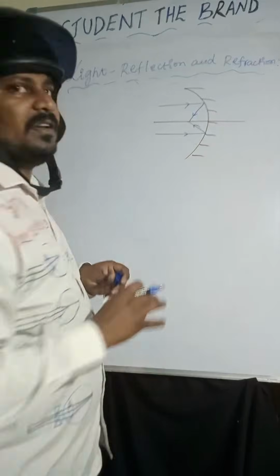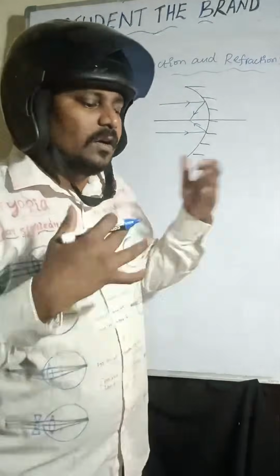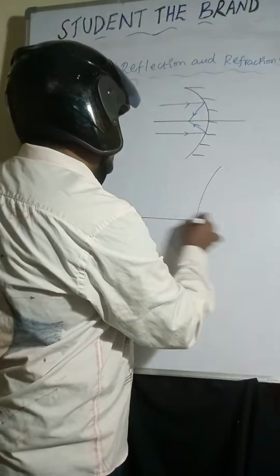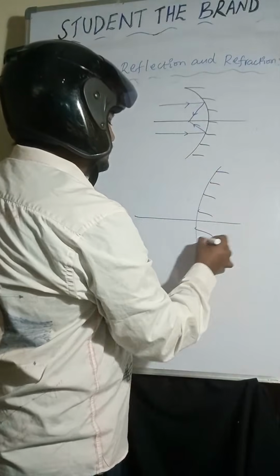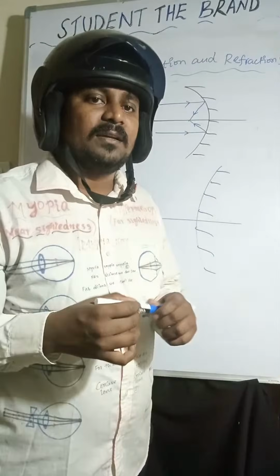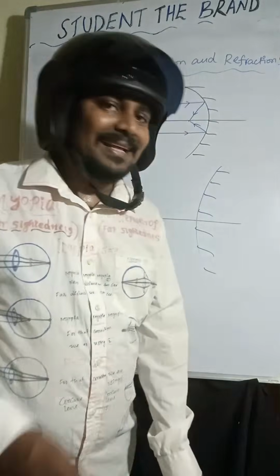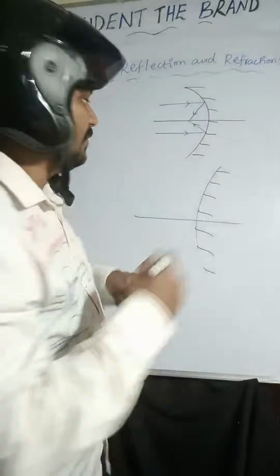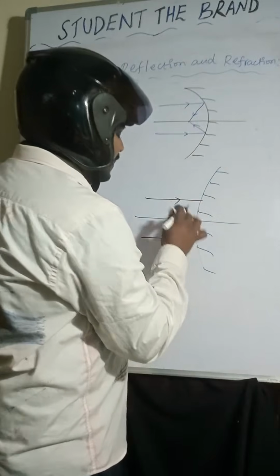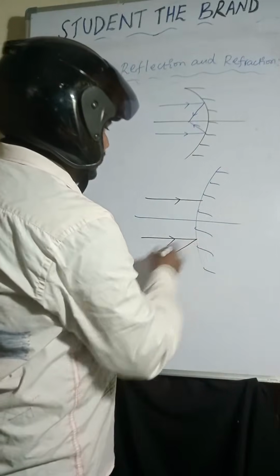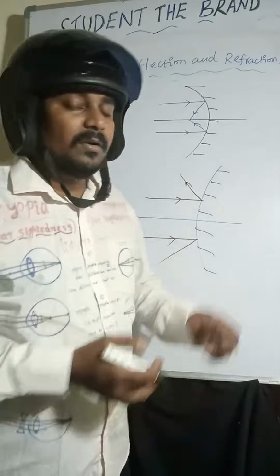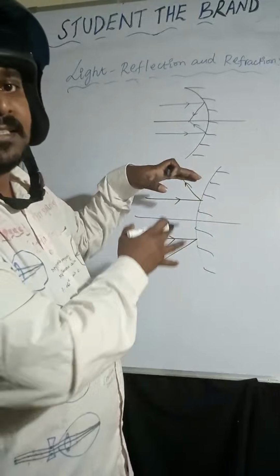Coming to the convex mirror: when incident light rays fall on it, they reflect and move away from it.